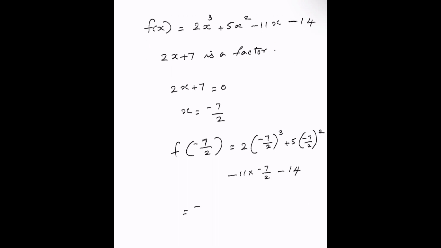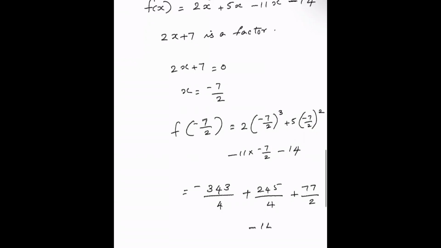343 divided by 4, plus negative 49 into 5. What is 49 into 5? 245 divided by 4, plus 77 by 2 minus 40.